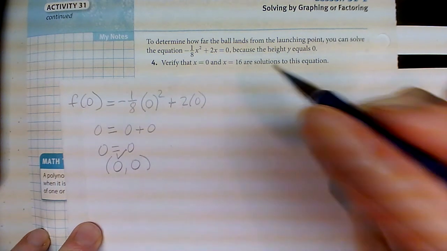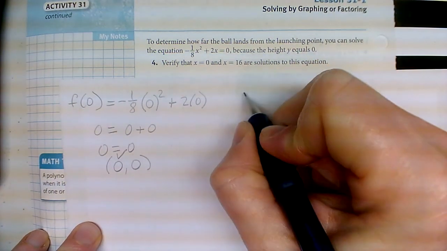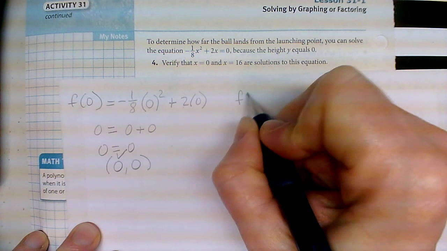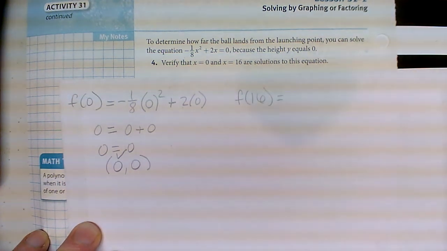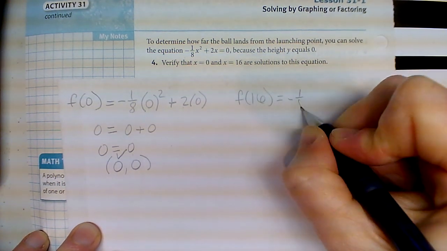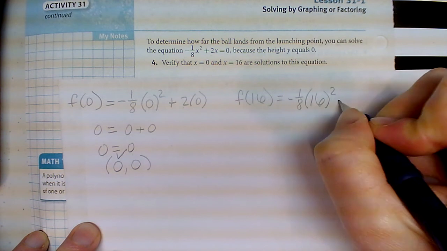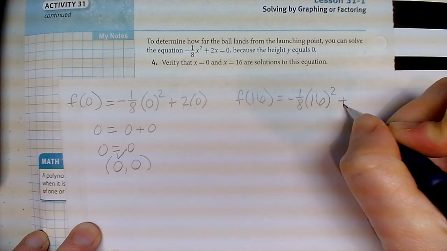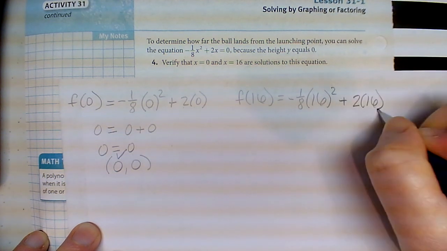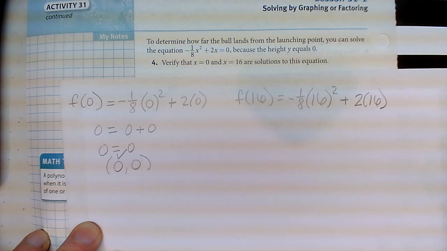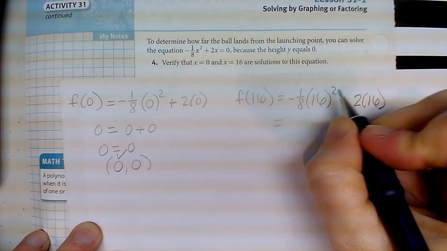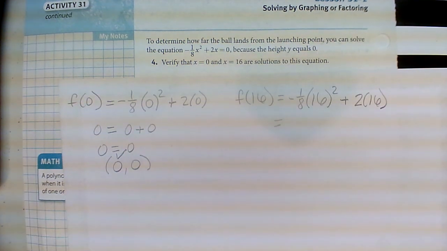So then we're going to check when x is equal to 16. We can say f of 16 is equal to -1/8 times 16 squared plus 2 times 16. So we'll do 16 squared, off the top of my head. What is 16 squared?